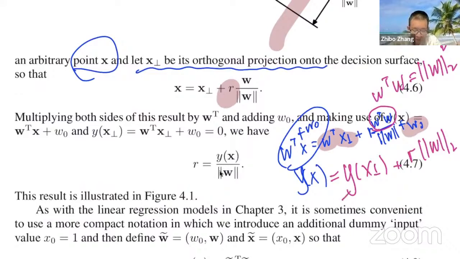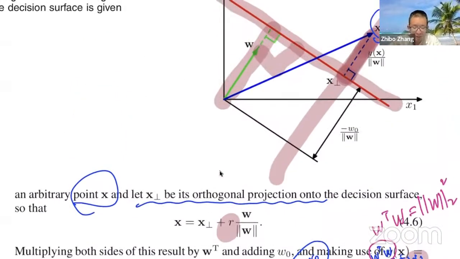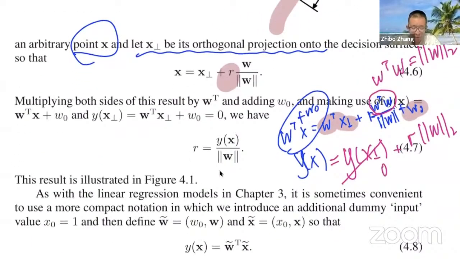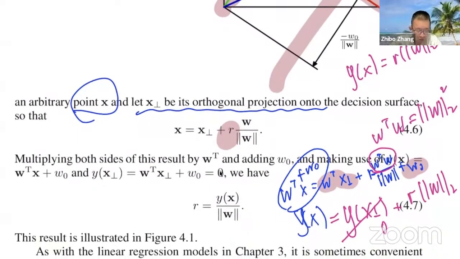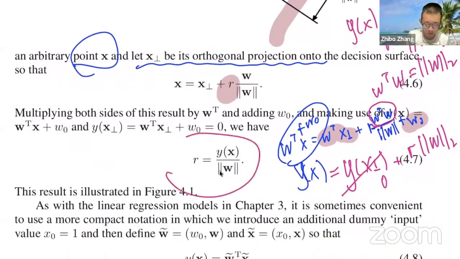By the way, we notice that the x orthogonal term lies on the decision boundary, so it equals 0. What we are left with is y(x) equals r times the L2 norm of W. So r equals y(x) divided by the L2 norm of W, which is exactly this part that the author pointed out.